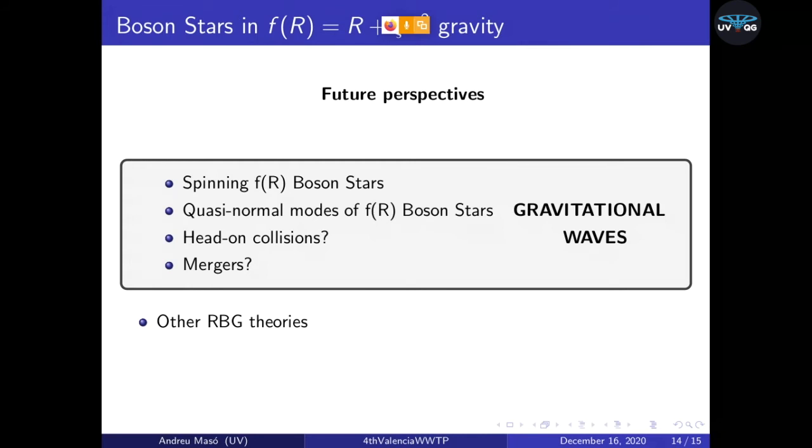If we could form spinning boson stars and time evolve them in f of r, maybe we may see imprints of f of r gravity in the waveform of the gravitational waves emitted. Also, computing boson star quasi-normal modes will help us to get these gravitational wave signatures, and are steps that have to be done in order to do more complicated simulations like head-on collisions or mergers, which could be really nice and interesting to study.